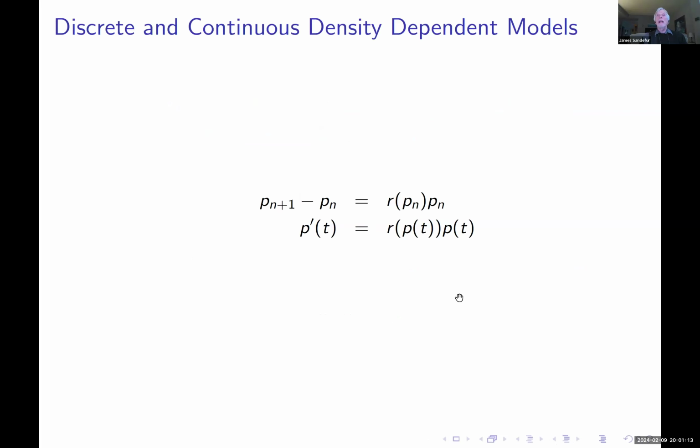First off, a discrete or a continuous density-dependent model. The first line is a discrete one, and the second line is a continuous model, where R is a per capita growth rate, and it's a function of the population size.